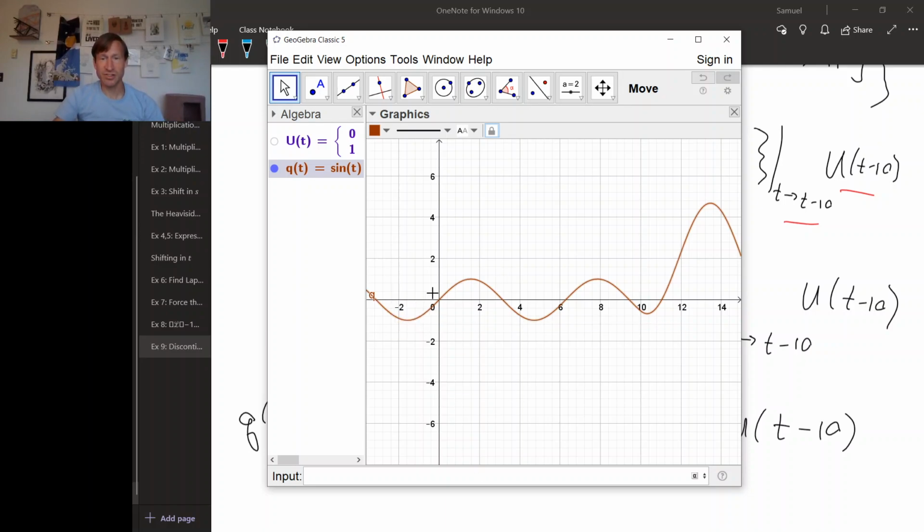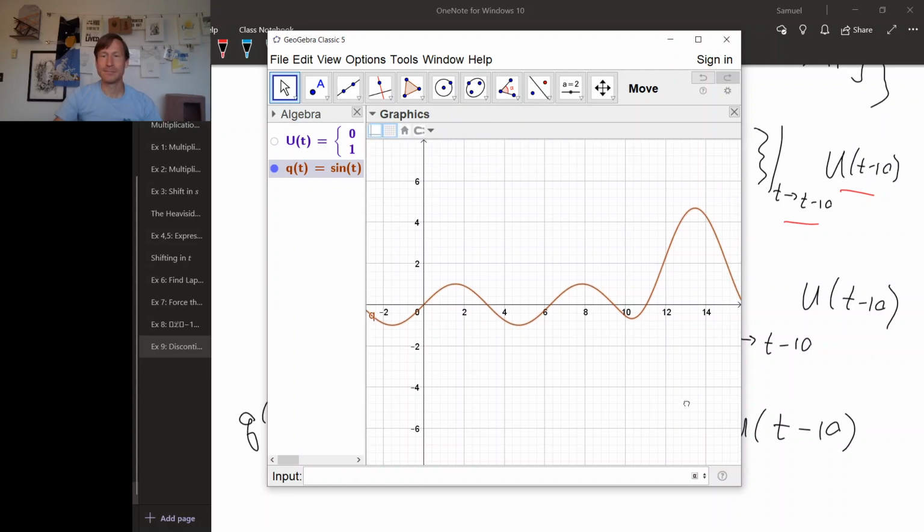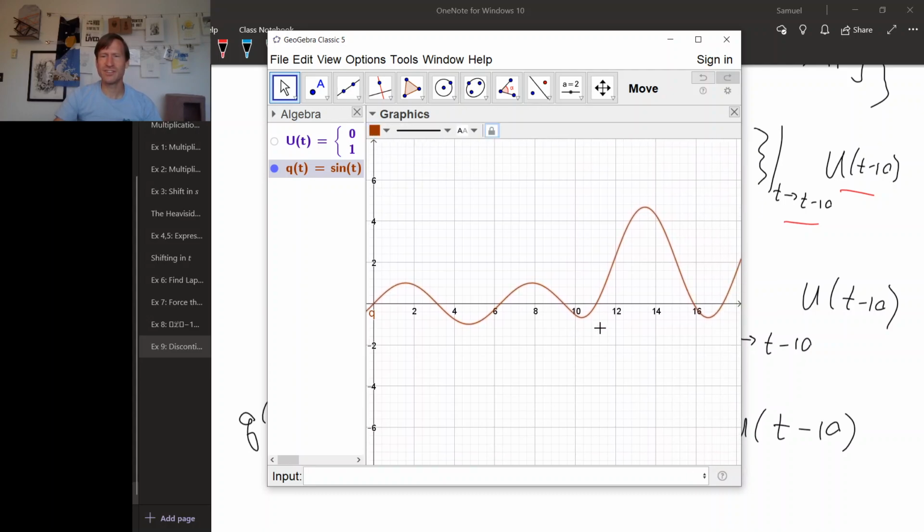Initially, the system is just oscillating, right? That's no surprise because with a capacitor and an inductor, you just get a sinusoidal oscillation. But then right at t equals 10, that's when we flip the switch and the function all of a sudden changes somehow. Since the voltage that we're turning on is the constant voltage 2, essentially what happens is the charge on the capacitor starts oscillating around 2 because the capacitance is 1.